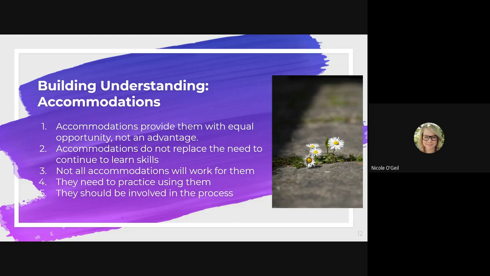I thought I would share an analogy that I use to explain learning disorders and accommodations to some students. If you can see the picture on the side here, we have a flower growing within the concrete. So my analogy is there's a flower and the seeds were blown around the world and planted in different places.